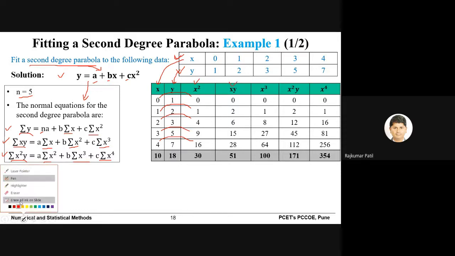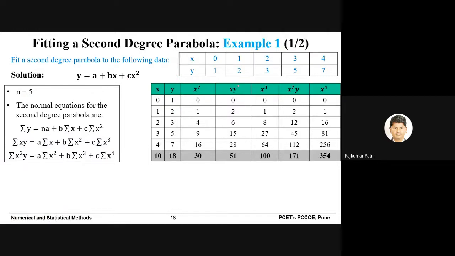And then you can go for fourth column where you need to find out the product of xy. So product of 0 and 1 is 0, 1 and 2 is 2, 2 and 3 is 6, 3 and 5 is 15, 4 and 7 is 28. So this is how you can complete column number 4.